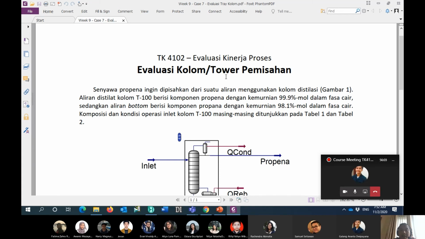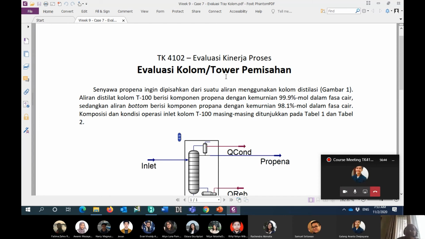Usually the column is very tall, because as you know, propene and propane have almost similar physical properties. We don't have any other method to separate these chemicals. They have almost the same molecular weight and size, so it will be difficult to separate them using a membrane, for example.